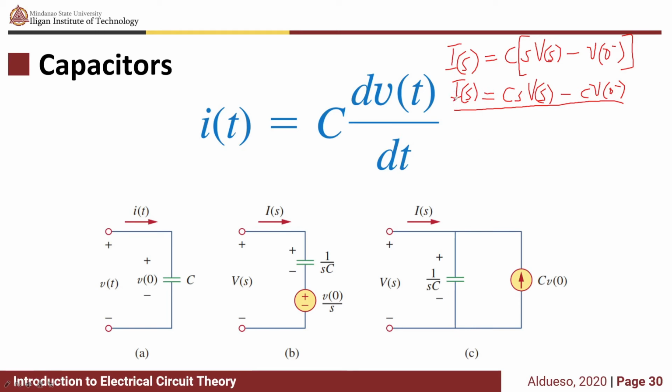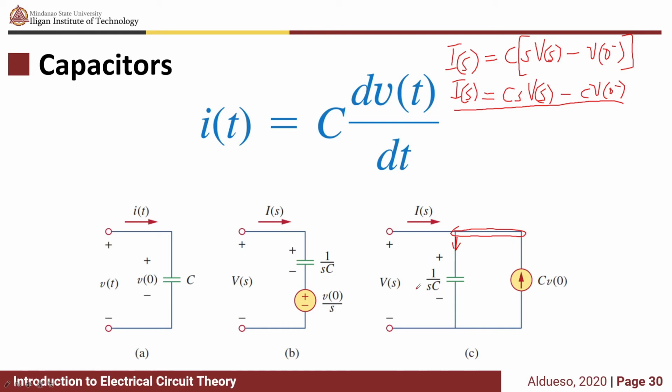So you have I(s), and if you apply KCL at this node, I(s) is just the sum of the currents here and this current source.